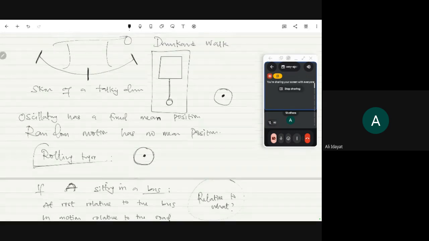For a fan, when we say a fan is rotational, it is not the center that is rotational. The center is fixed. What is rotating is the axis. So at the center, if everything is moving, what you have is translational. I will explain. At the axis, what you have is rotational.